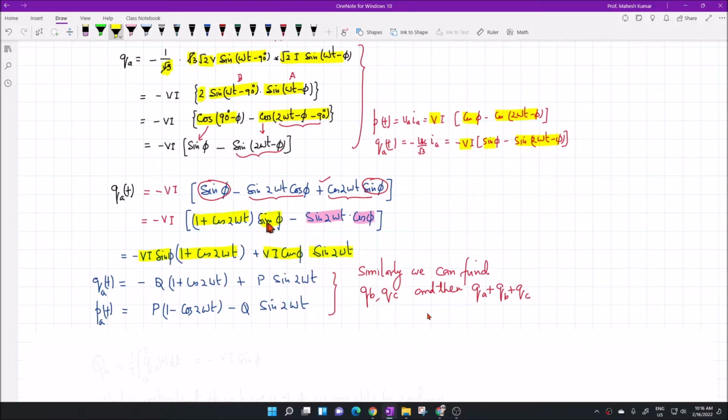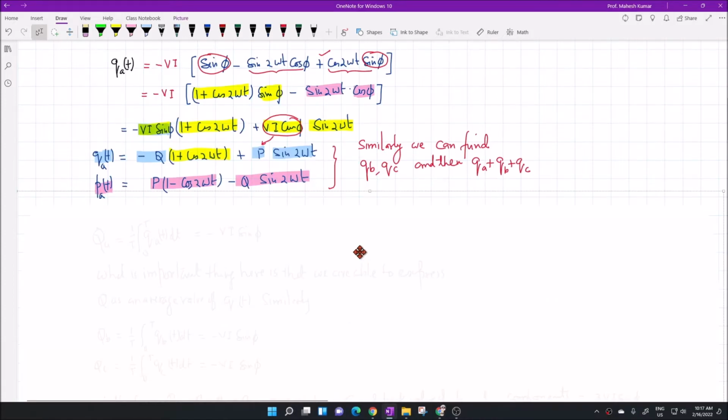If you compare these terms as coefficients of sine phi and cos phi, then we see that QA becomes minus Q (1 plus cos 2 omega t), and then plus P, because BI cos phi is P, so this becomes P sine 2 omega t. Now comparing with the value of P that we defined earlier, PA is nothing but P(1 minus cos 2 omega t) minus Q sin 2 omega t.